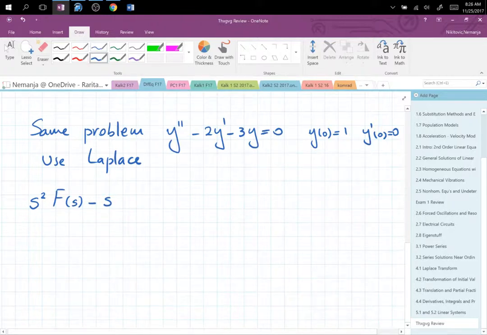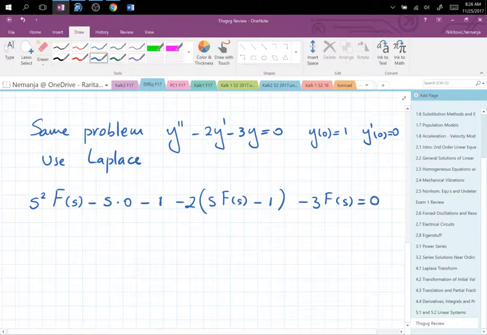In this case, the first derivative was 0, and then minus the function, which is just 1, the initial condition. And then we have minus 2 times s times F of s minus 1. And then we have minus 3 times F of s is equal to 0.